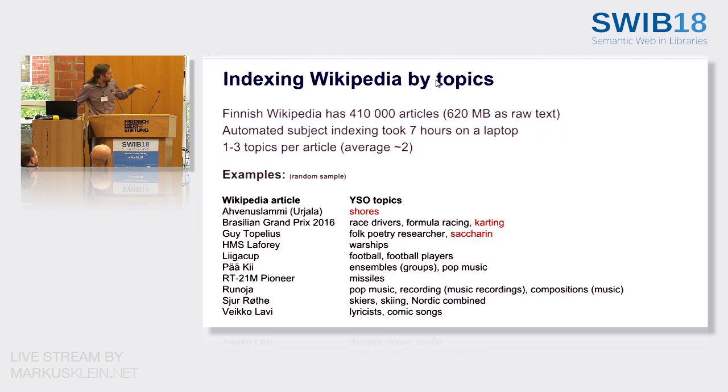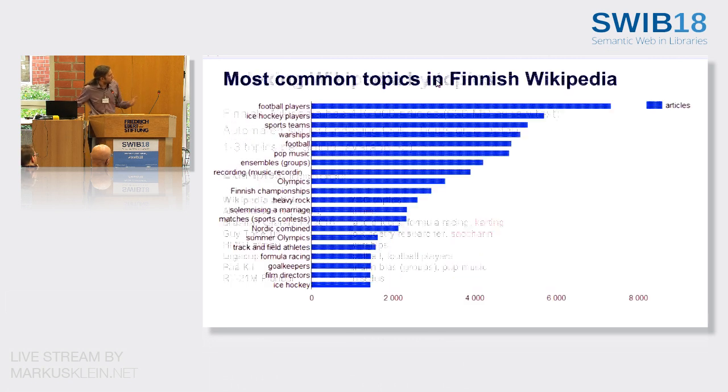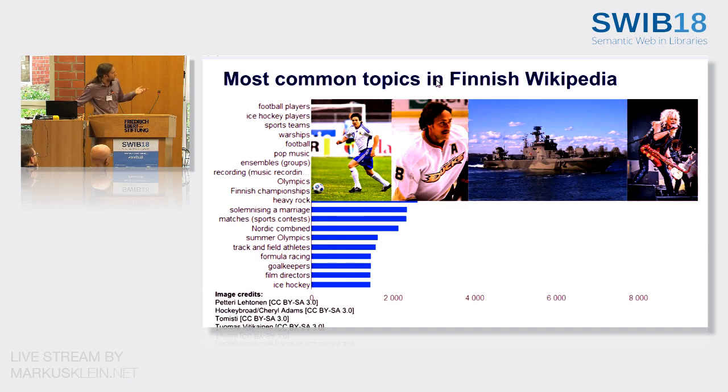And here are just some random examples of articles and what kind of topics. Most of them are pretty good, but the red ones were wrong. So there are mistakes there. But anyway, I could get an overview. So I could find the most common topics in Finnish Wikipedia. And it turns out that they are football, ice hockey, warships, and pop music.